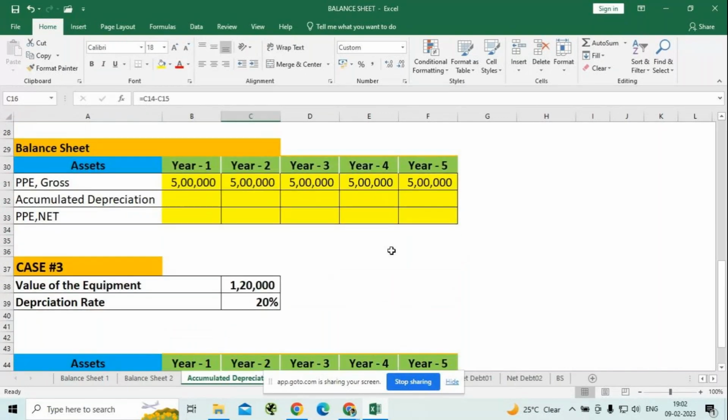So kindly do this calculation. Can anyone try? Can anyone try for this?